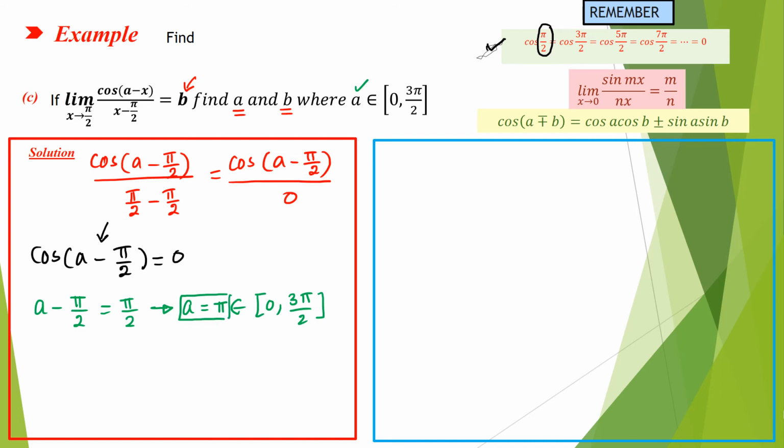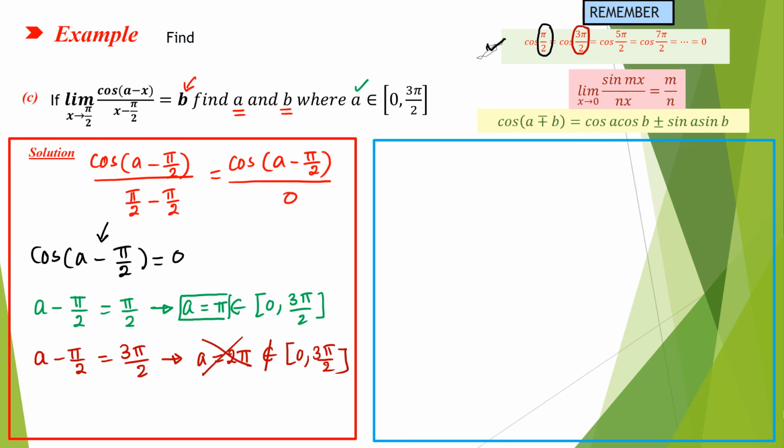Now you have to take another angle, which is 3 pi over 2, and put it inside: a minus pi over 2 equals 3 pi over 2. By adding pi over 2 to both sides, you will get a equals 3 pi over 2 plus pi over 2, which is 4 pi over 2, and this gives us 2 pi, and 2 pi does not belong to the interval from 0 to 3 pi over 2.